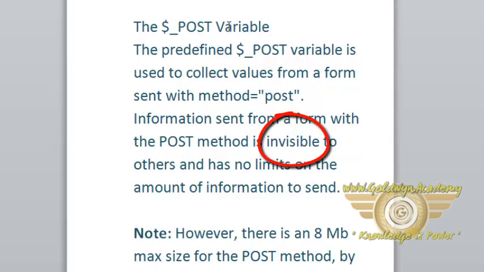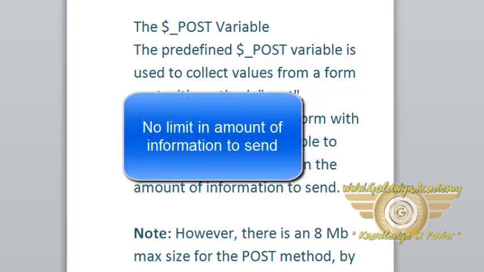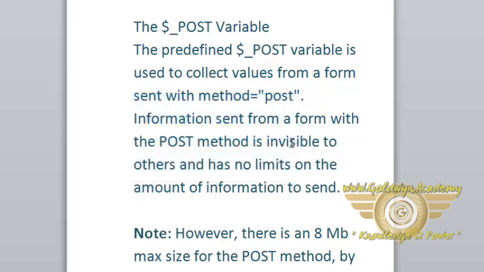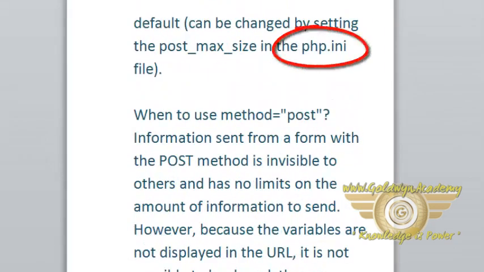This is the main difference between get and post method. And the post method has no limits on the amount of information to send. However, there is an 8 MB maximum size for the post method by default, but you can change it in the php.ini file in your XAMPP.